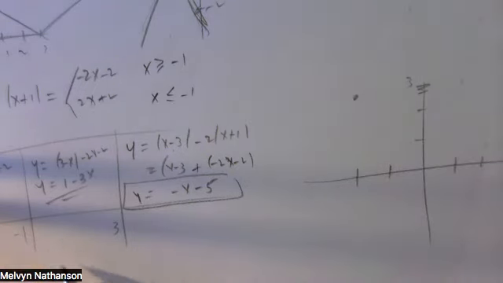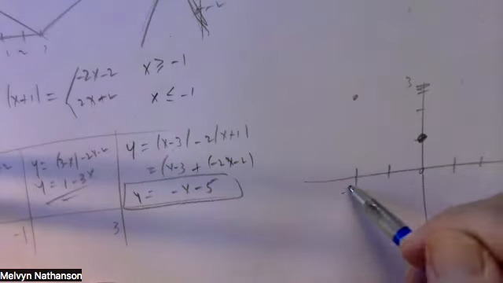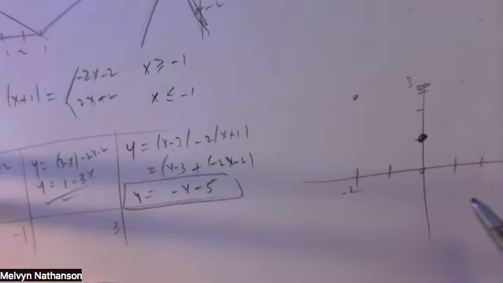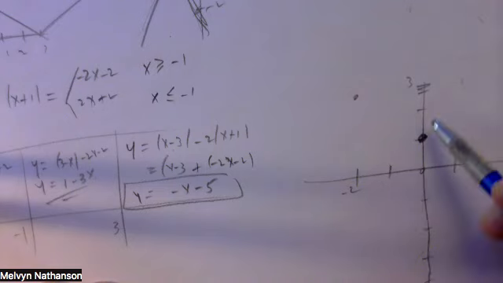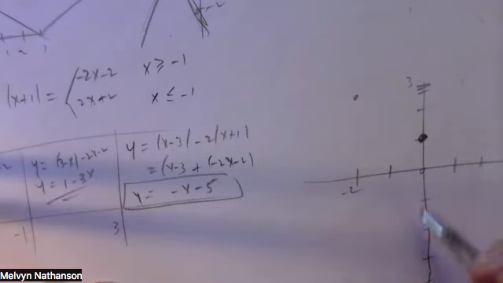At 0, the value of the function is 1. At 3, the value of the function is -8.